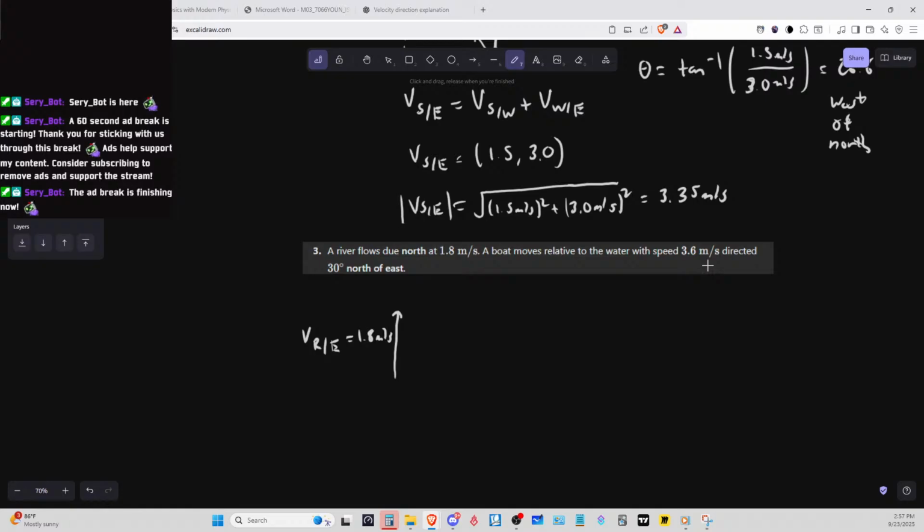Oh, now we got an angle, directed north of east. So the angle is this way, north of east, and this is 30 degrees. And it's traveling with the velocity relative to the water. So this is boat relative to the river.